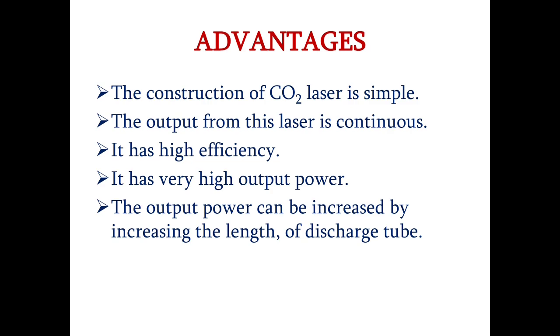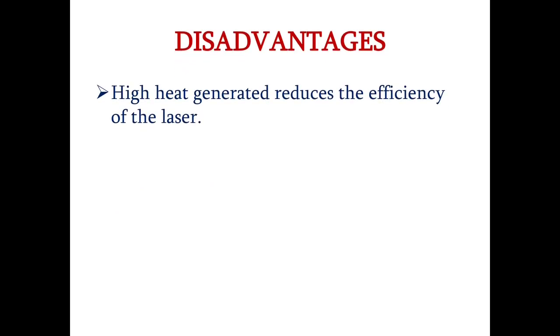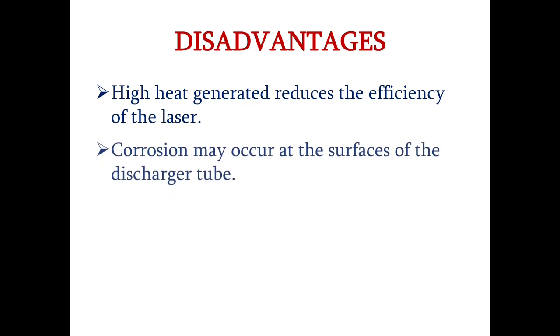Here carbon dioxide laser gives us the continuous wave output. We can also make carbon dioxide laser work in pulsed mode. It has a high efficiency and high output power. If you want to increase the output power, we can simply increase the length of the discharge tube.